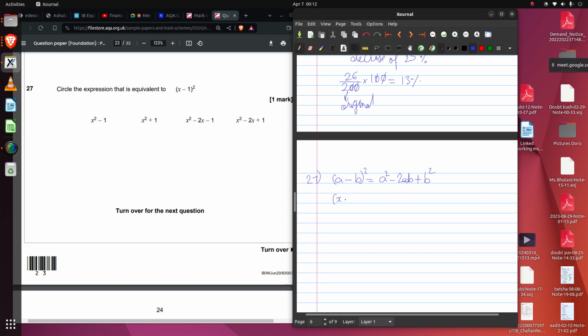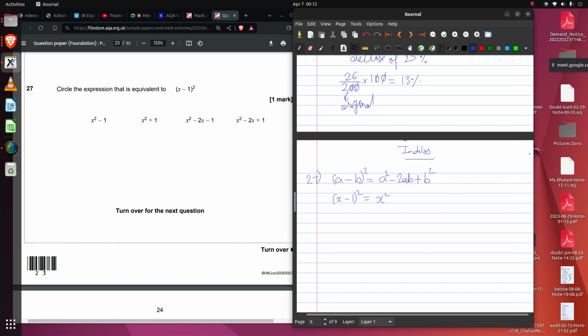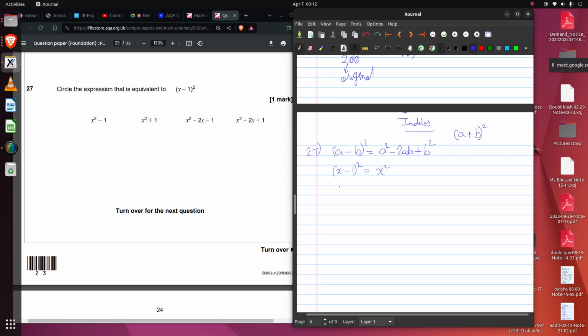Where do you use this formula? This is the standard indices. Have you done the indices chapter? I never learned that. Okay, let's say you have not learned this formula. Forget about the formulas.